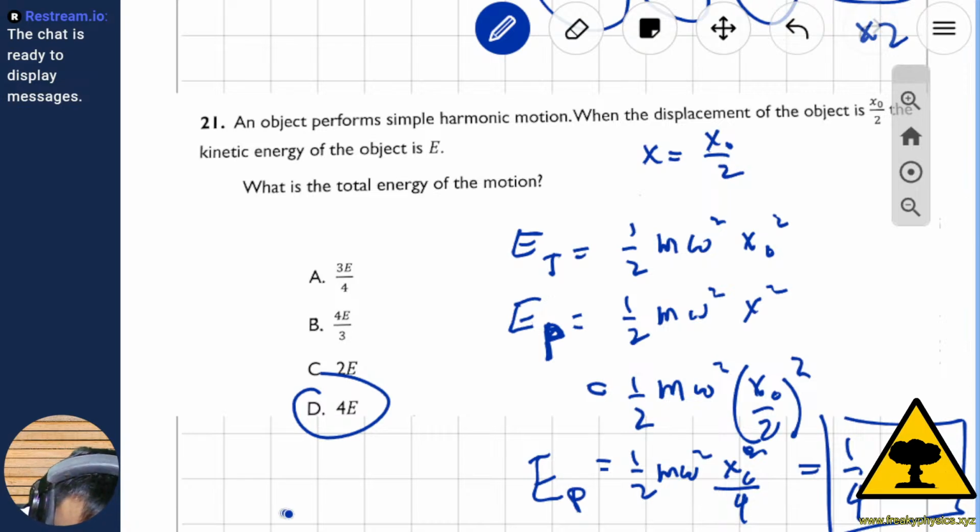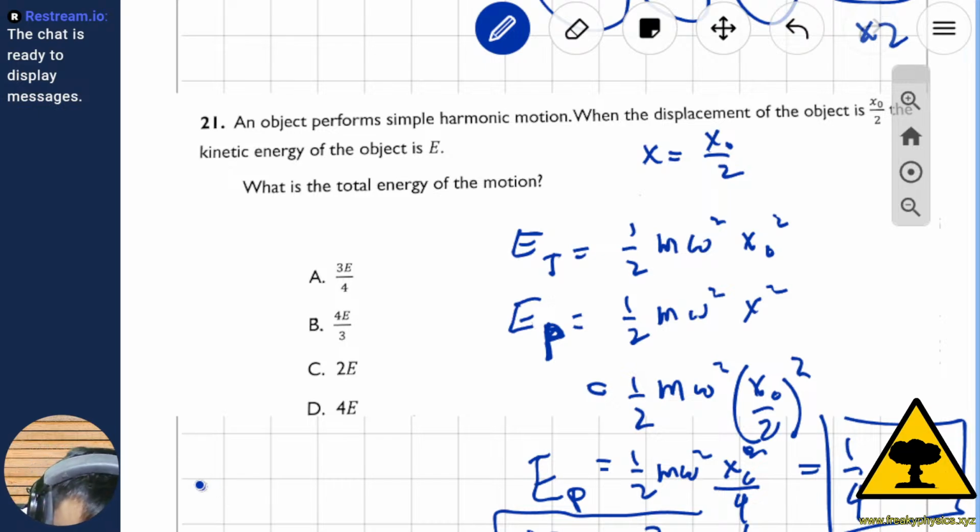So what's the kinetic energy? So the kinetic energy would be what's left over, 3/4 E, right? All right. So let's change our final answer. It's not 4E. The final answer is, total energy, kinetic energy is what?